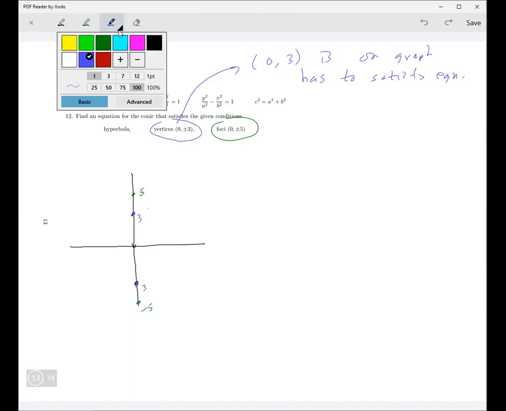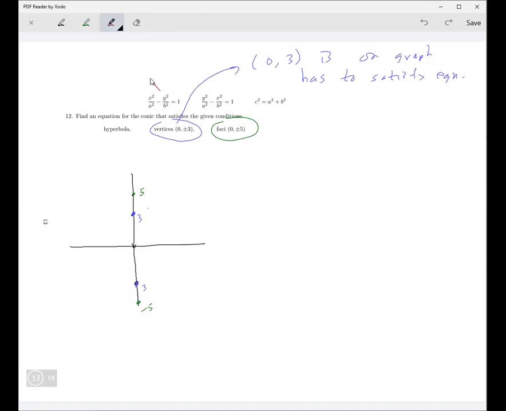In other words, if you try to put a 0 in for x, that's not going to work. It can't work because this is negative. If you zero that out, then you have negative 9 over b squared equals 1. That has no solution. So that means you have to go with this one right here.